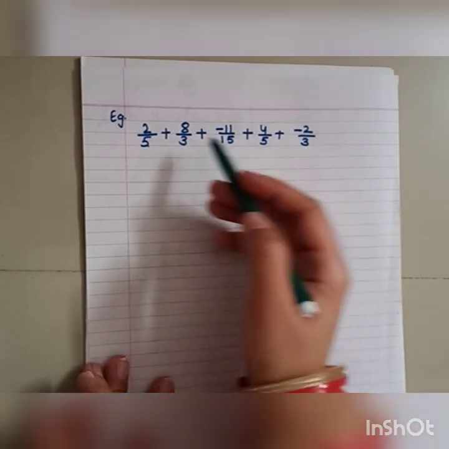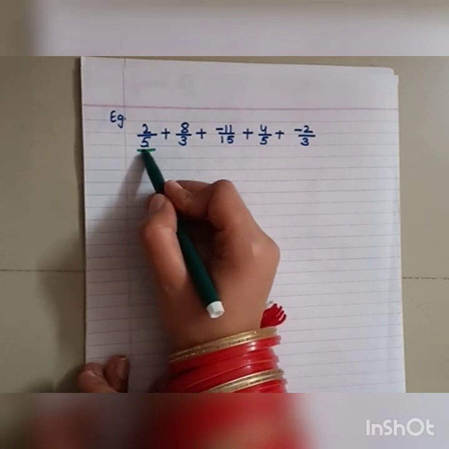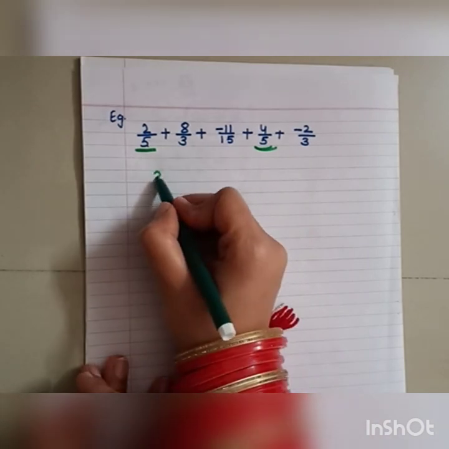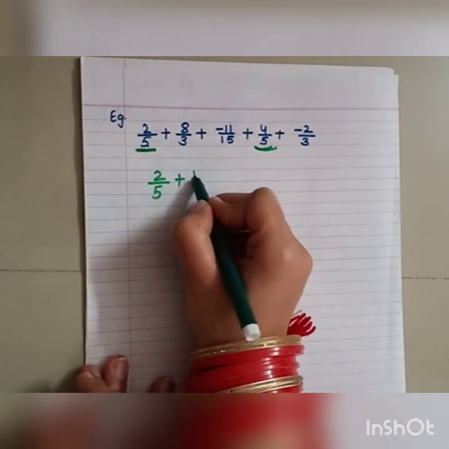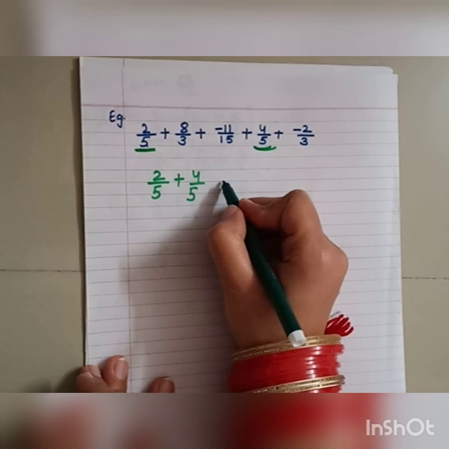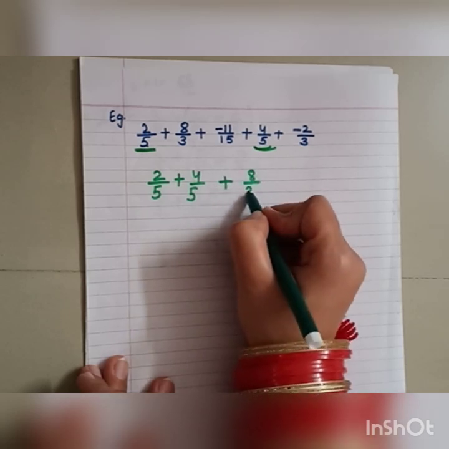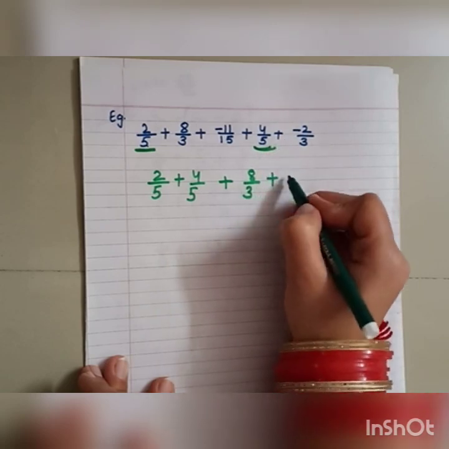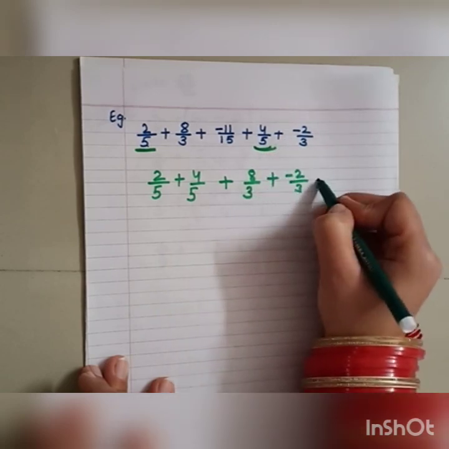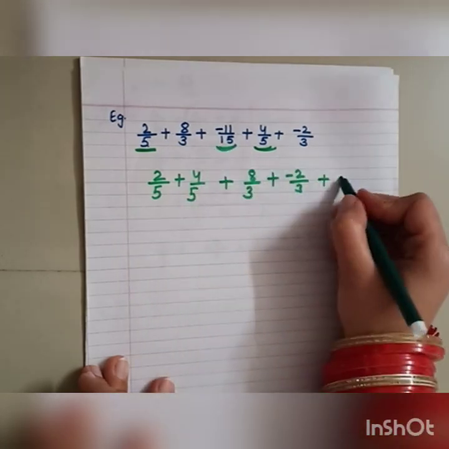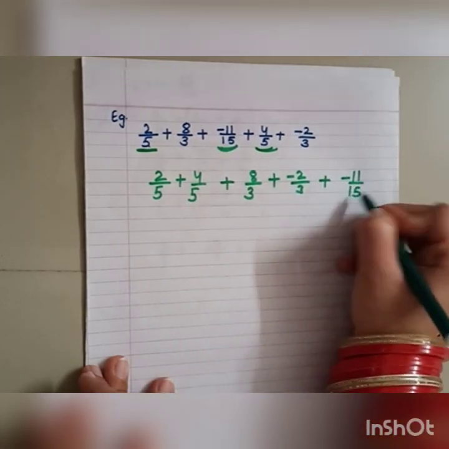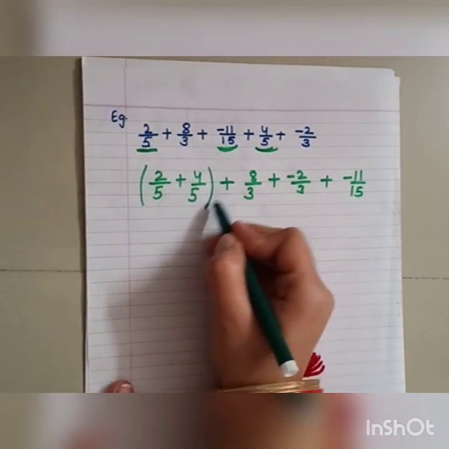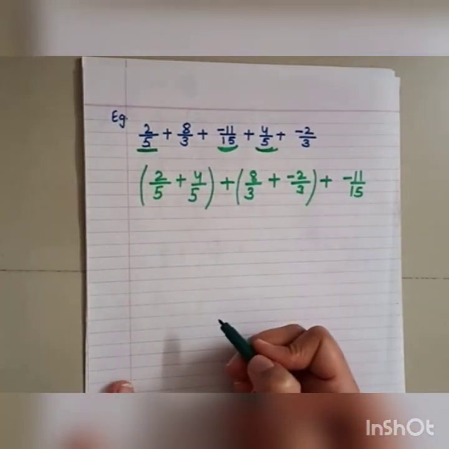In this example, this number and this number have the same denominator. So we can group these two, plus 4 by 5, this way. And the other two having the same denominator, group those numbers. And this number is plus minus 2 by 3. The remaining number is only minus 11 by 15. Like this way you can group, or write in brackets also.